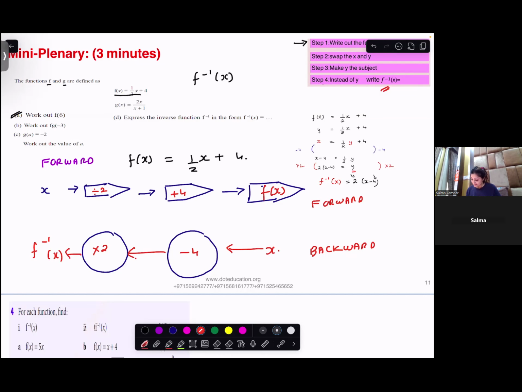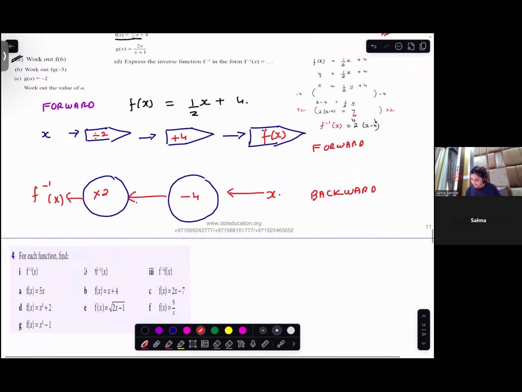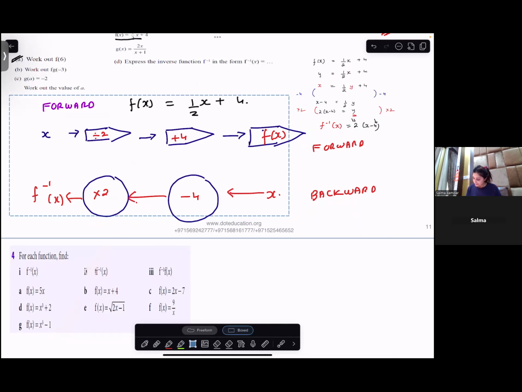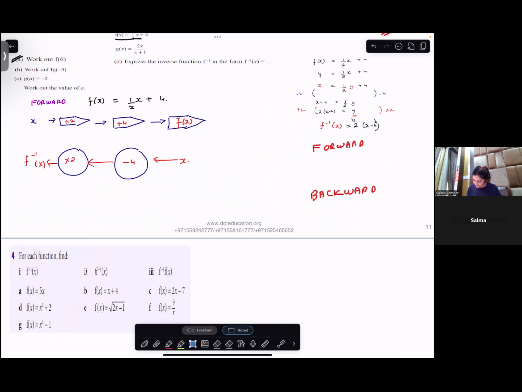So this becomes x, I'm going this way, minus 4.